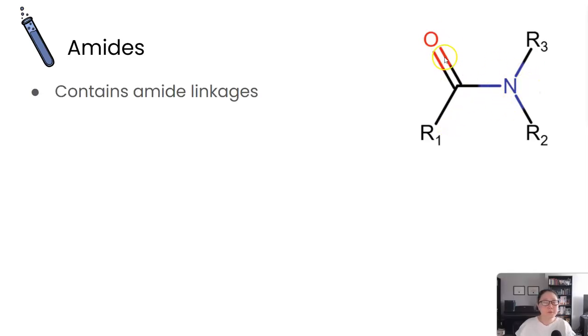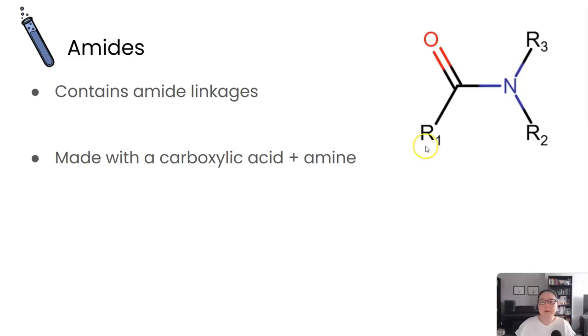This whole situation is referred to as an amide linkage. You may have guessed it, but it is made from reacting a carboxylic acid and an amine together. And when you're thinking about proteins being very, very long chains of amino acids, yes, they are long chains of amino acids, and they are connected by these amide linkages.